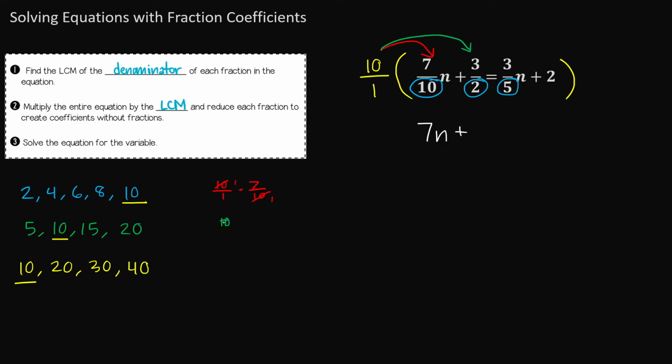So 10 over 1 times 3 over 2. And here I can also cross reduce. So 10 and 2 reduces to 5 and 1. And if we multiply across, our new coefficient is going to be 5 times 3, which is 15. So 7n plus our new number here is 15.